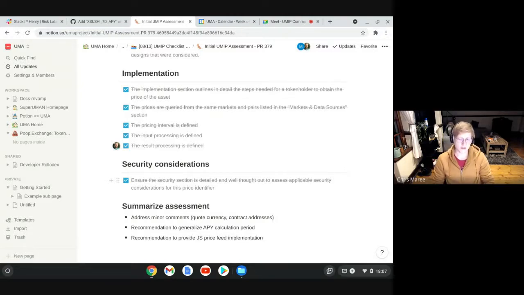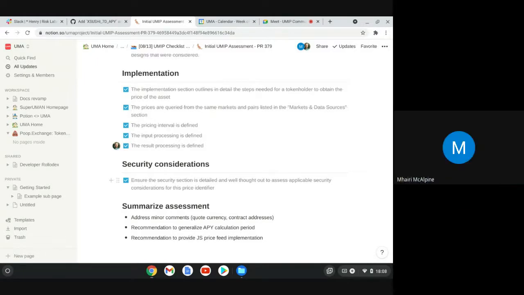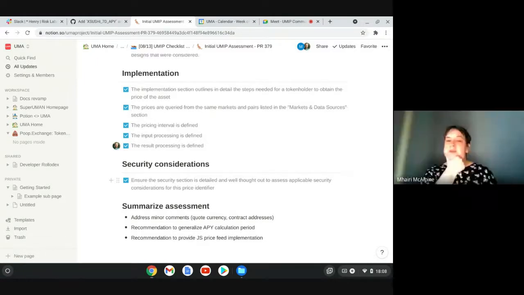From my perspective, it's generally not a great idea for us to vote on anything that we can't run bots on. So, do we want to revisit the price feed implementation? Do we want to insist on that in light of Chris's comments?